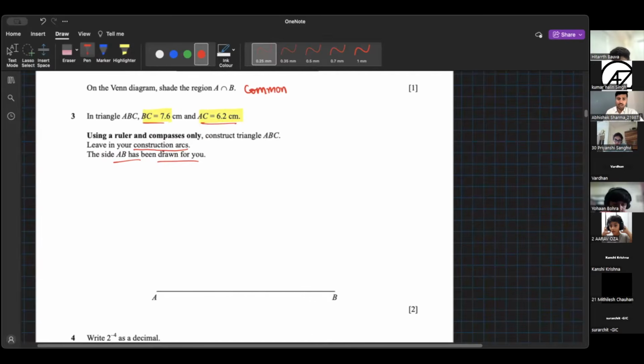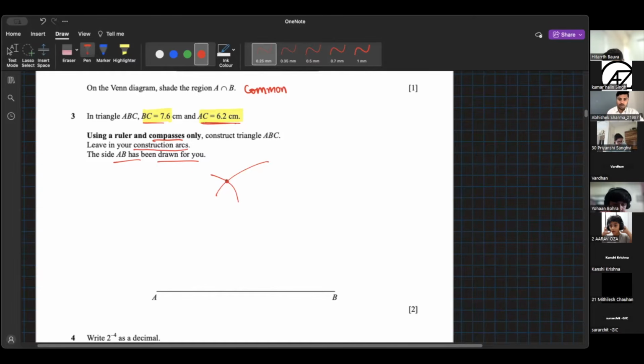So use a compass, mark a length of 7.6 centimeters, and from B, make an arc. Let's say this is the 7.6 centimeter arc. Then from point A, measure a length of 6.2 centimeters and make an arc at a distance of 6.2 centimeters.